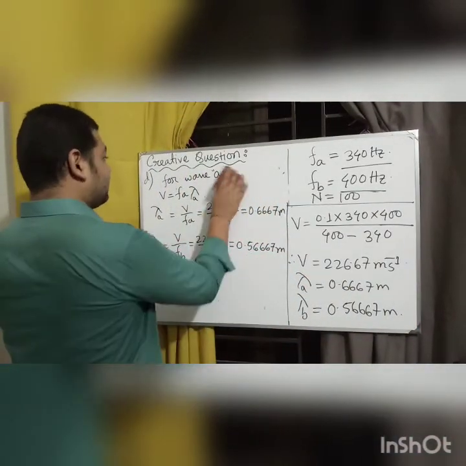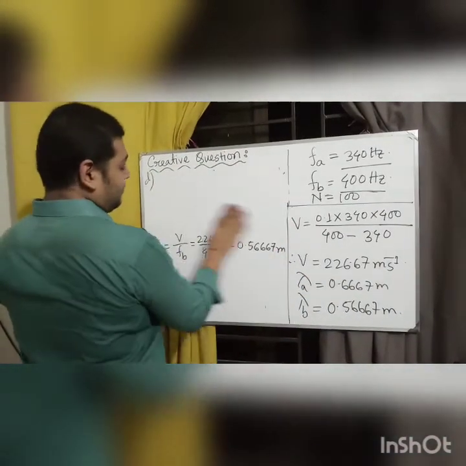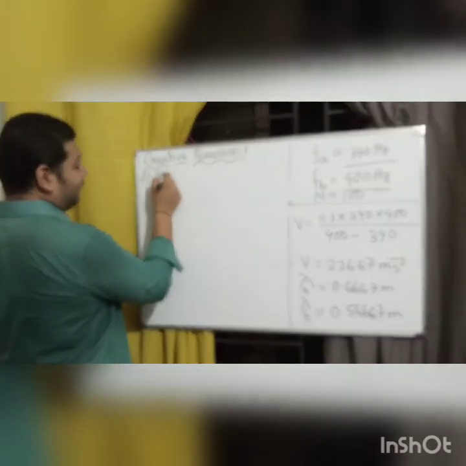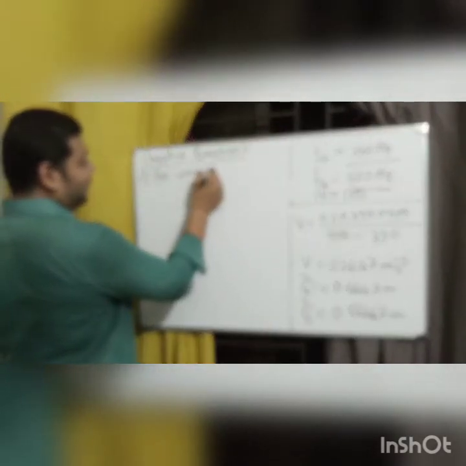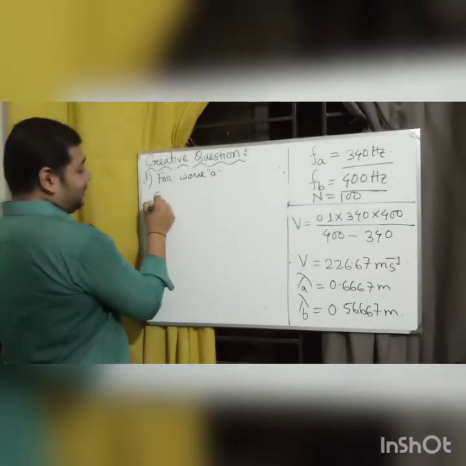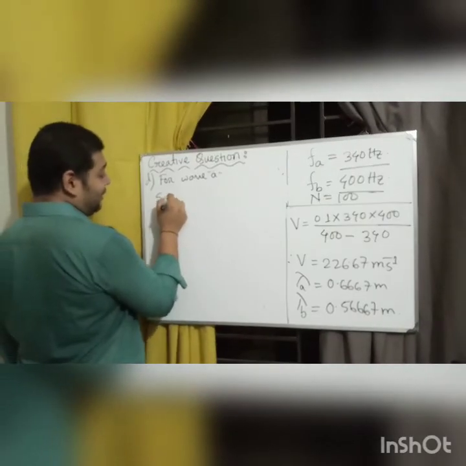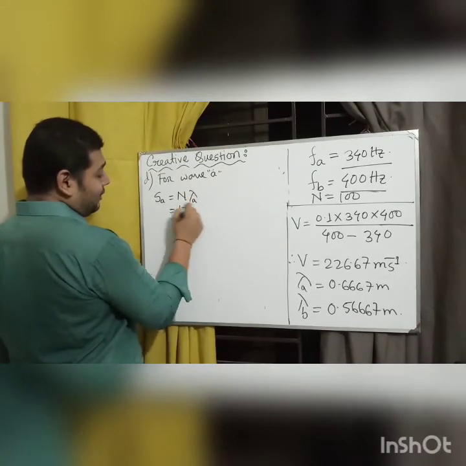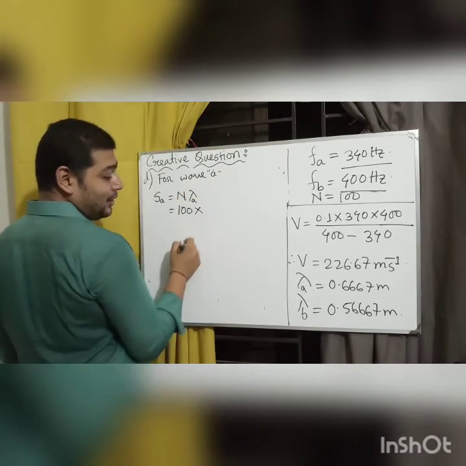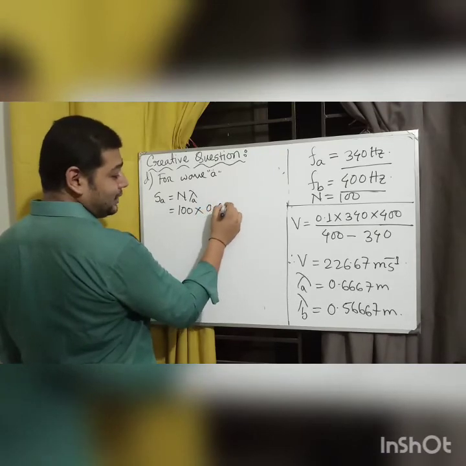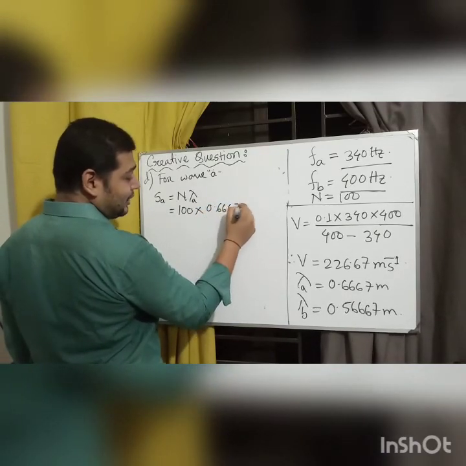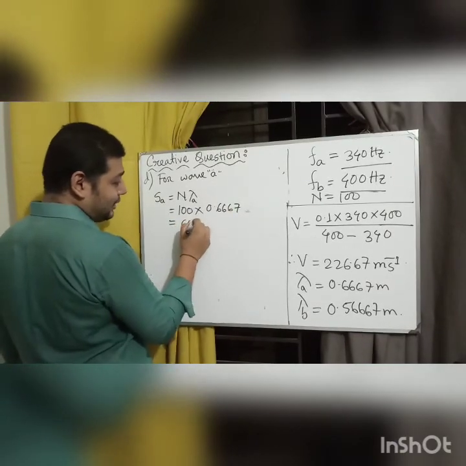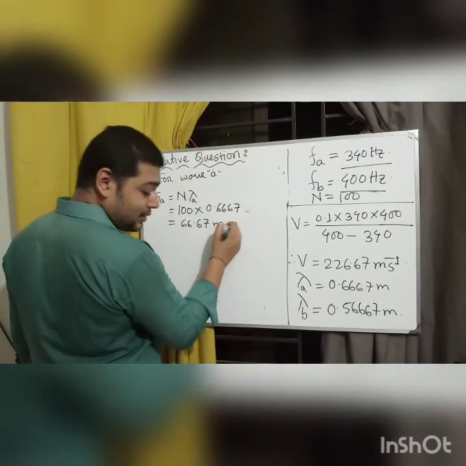So for wave A, SA equal to n lambda A. Here n is 100 and lambda is 0.6667 meter. So we can write 66.67 meter.